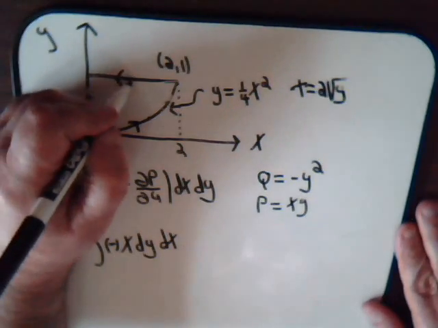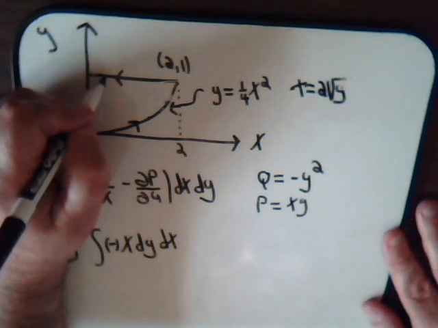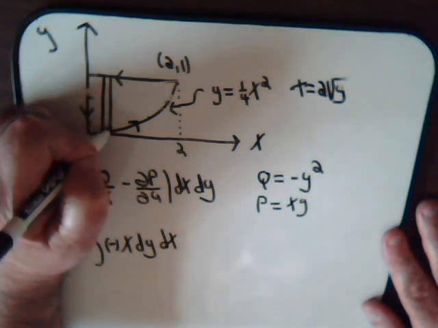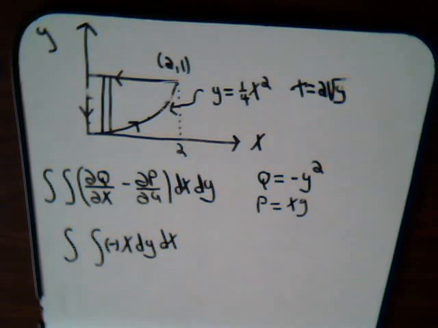Now we have a strip that looks like this. So let's see how this works out. We have minus x dy dx. Now, y goes from where?